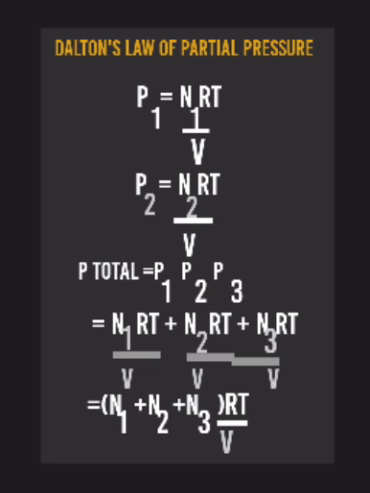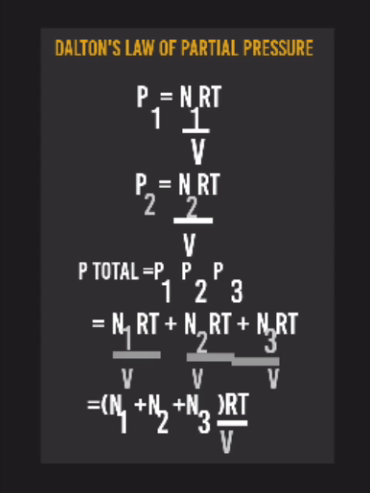Now, let us derive an equation for Dalton's law of partial pressure. We all know that from the ideal gas equation, P is equal to nRT by V. So, at temperature T, we have three gases enclosed in a volume V exerting partial pressures P1, P2, P3 respectively.